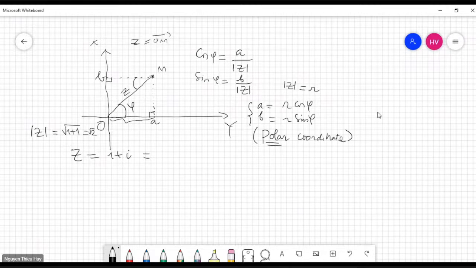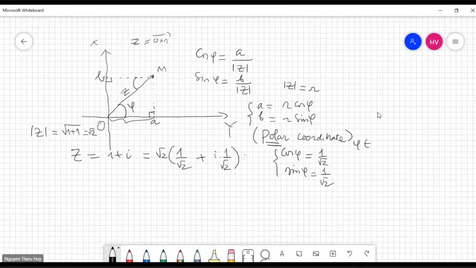So you write square root of 2 and then divide by square root of 2 inside: 1 over square root of 2 plus i multiplied by 1 over square root of 2. Now what you have to do is solve a system, cos phi equals 1 over square root of 2 and sine phi equals 1 over square root of 2, and we require phi to be only in the half-open interval from 0 to 2 pi.